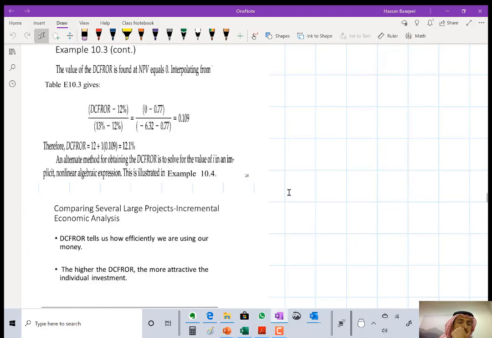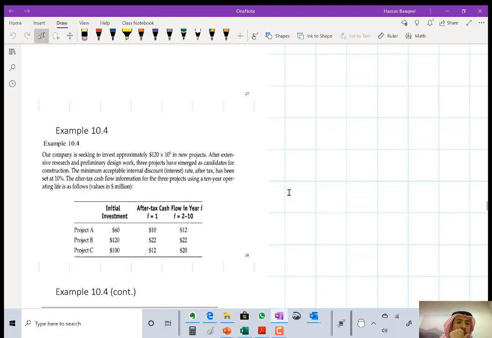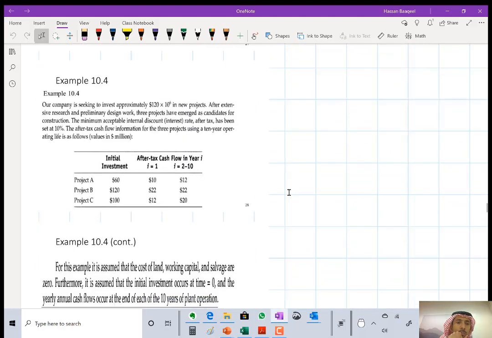Section 10.4 deals with how we evaluate alternatives if we have different projects. Let's say project A, project B and C. They have different initial investments. The first one is 60 million, the second one is 120 million, and the third one is 100 million.